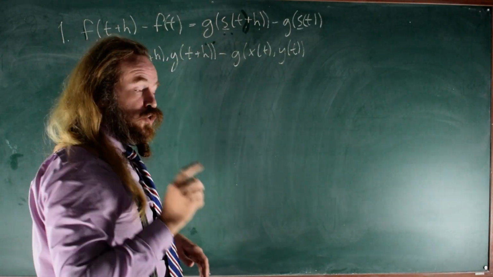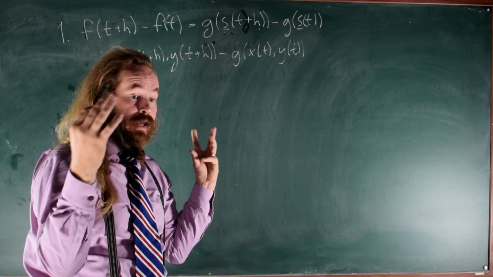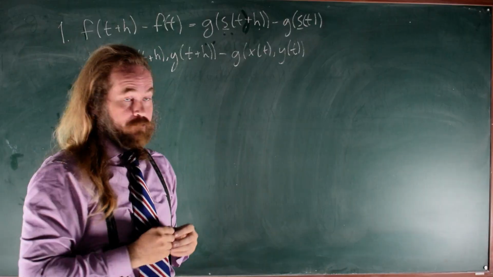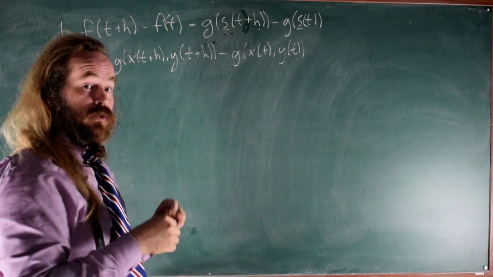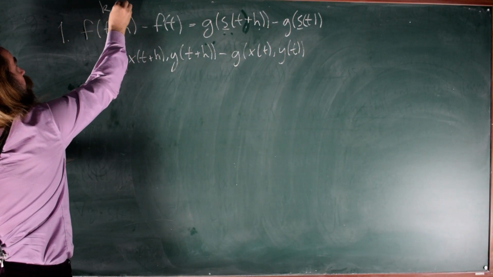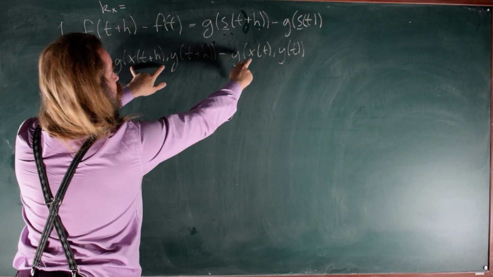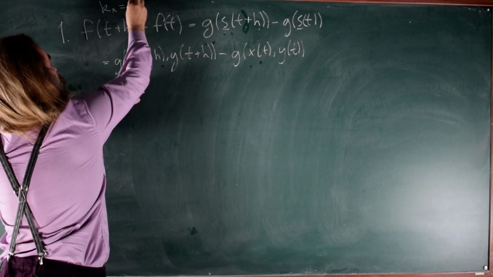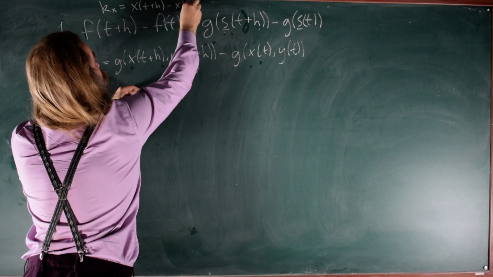Now I'm going to do two tricks. I'm going to introduce a new variable, and I'm going to be adding and subtracting and rewriting. So the first step here is I'm going to introduce the variable kx, where kx is the difference in x values here and here. So that's going to be x of t plus h minus x of t.